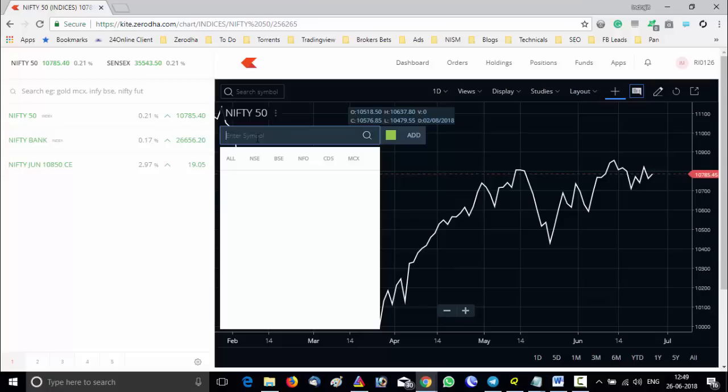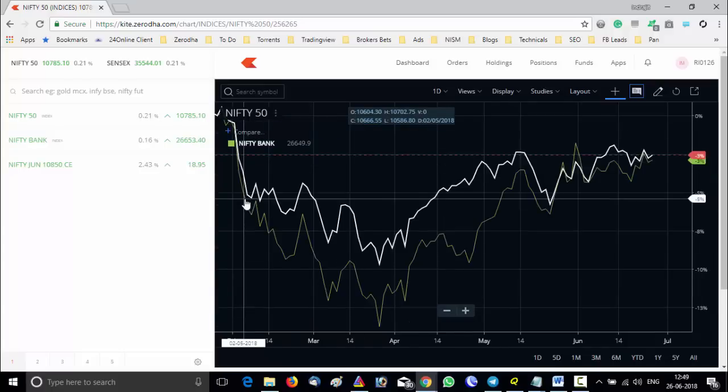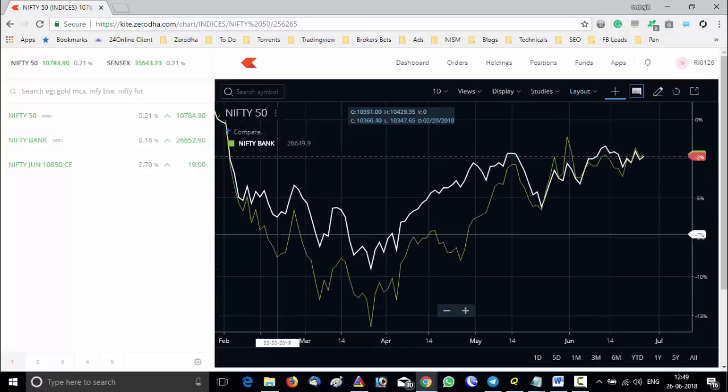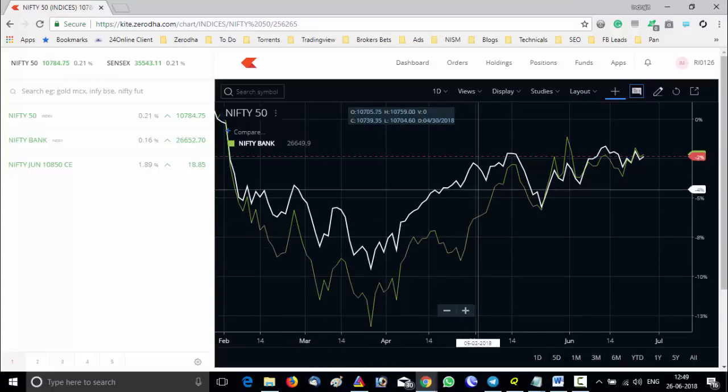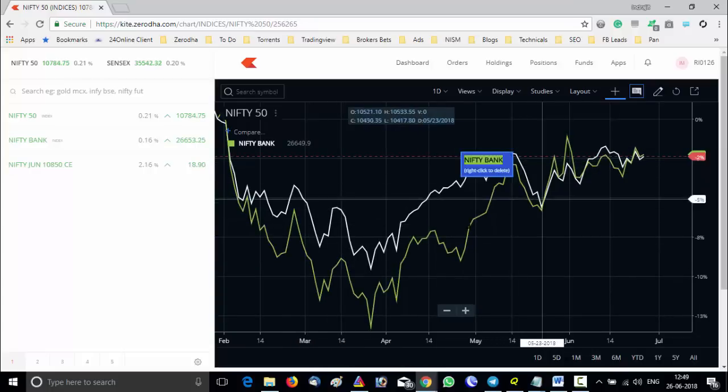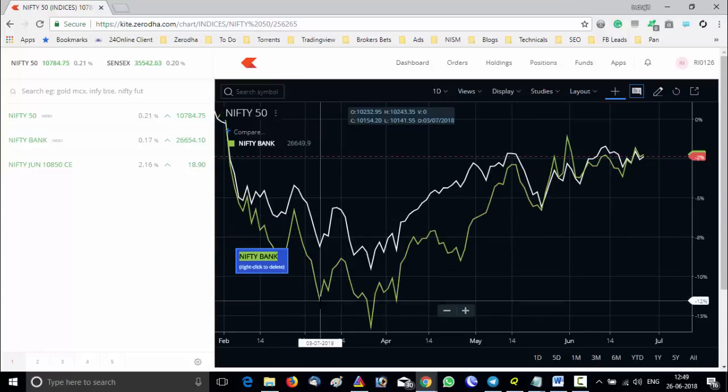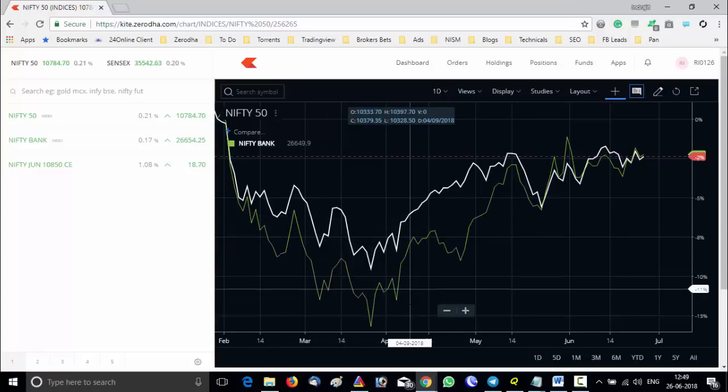Suppose I'll be comparing Nifty with Bank Nifty. I am writing Nifty, so the other indices are coming. So Nifty Bank. I'll compare Nifty 50 with Nifty Bank. You can see this white chart. The white chart is Nifty 50 and the green chart is Bank Nifty.